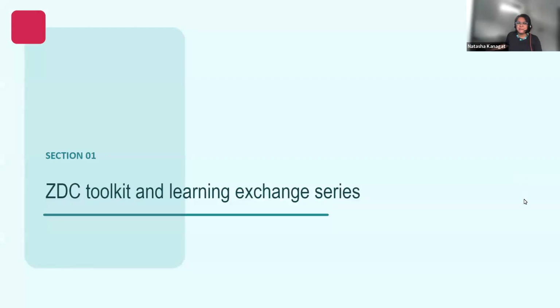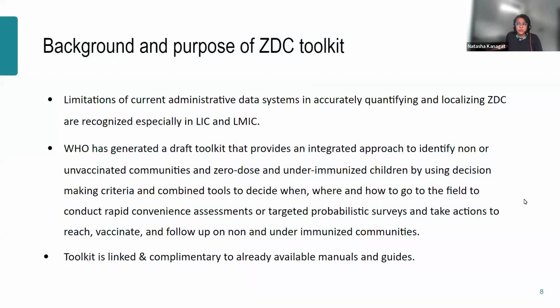Next slide, please. As we know, current administrative data systems are limited in their ability to accurately quantify and localize communities with zero-dose children, especially in low-income countries and low-middle-income countries.